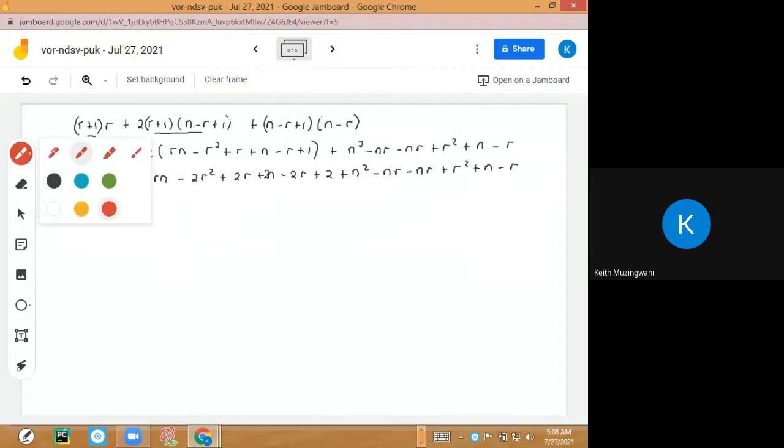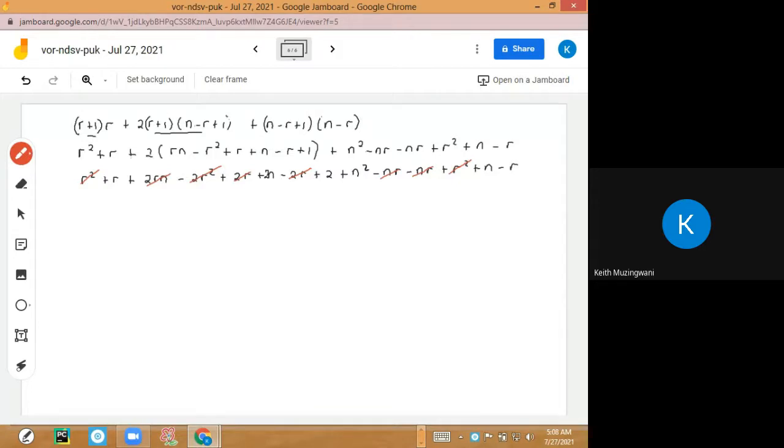So we come now to cancel. So we'll have r squared plus r squared, we get 2r squared, which takes away the 2r squared negative there. Then minus nr minus nr takes away the 2nr. Then 2r minus 2r will disappear.